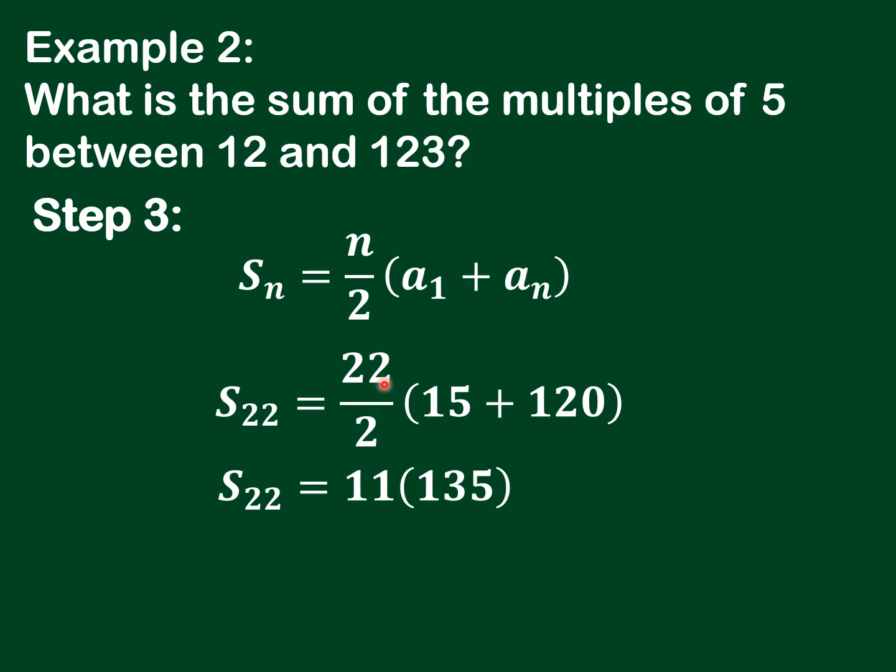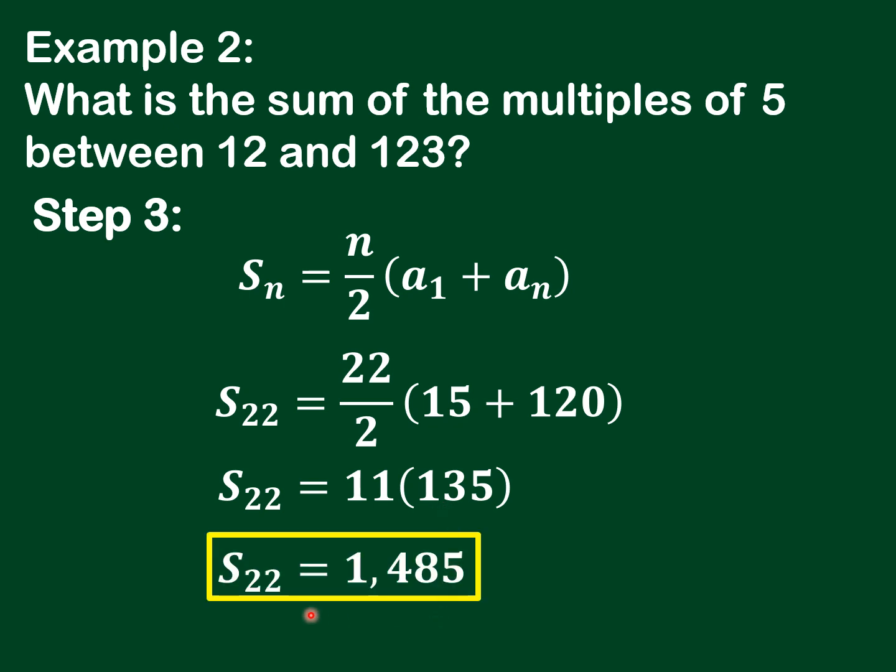Next, we're going to multiply 11 by 135, and the product is 1,485. So therefore, the sum of the multiples of 5 between 12 and 123 is 1,485.